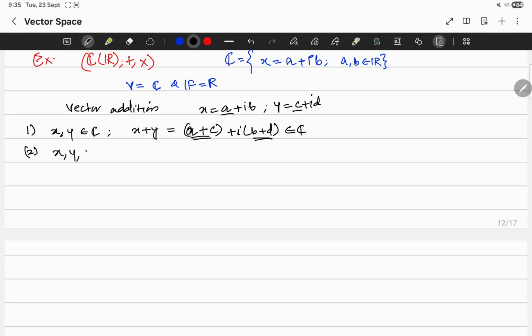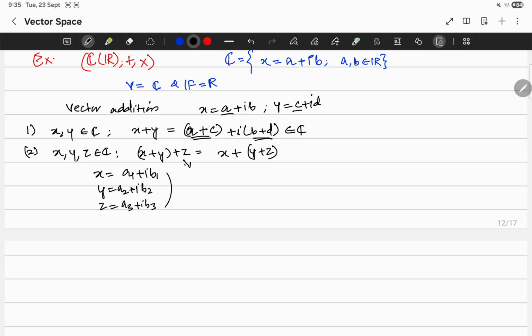Second is associative. Take x, y, z as any three elements of C, then (x plus y) plus z is equal to x plus (y plus z). I hope everyone can do this. Just take x equal to a1 plus iota b1, y equal to a2 plus iota b2, and z equal to a3 plus iota b3. So from the LHS you will get (a1 plus a2) plus iota (b1 plus b2), then add with z, that is a3 plus iota b3.